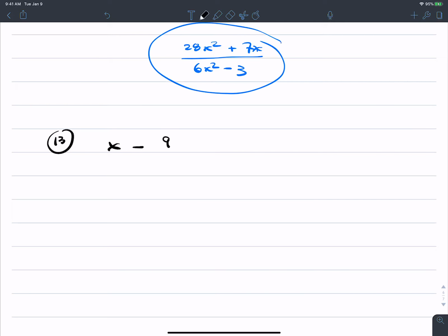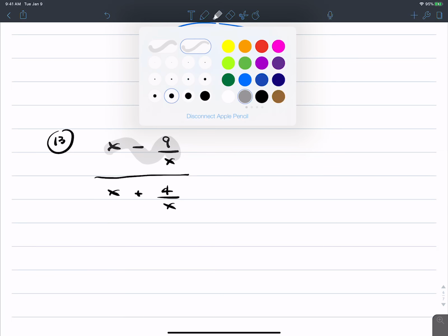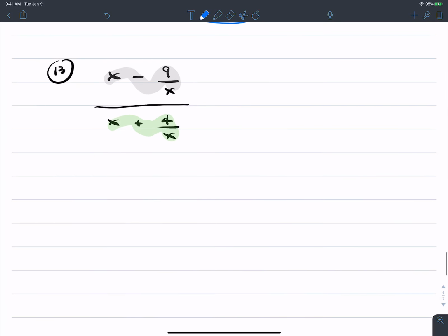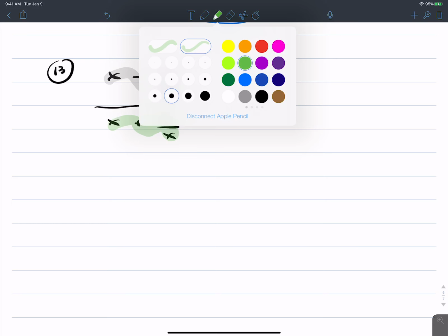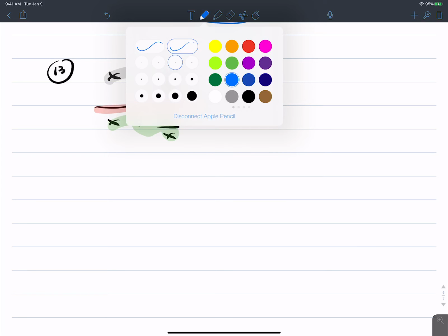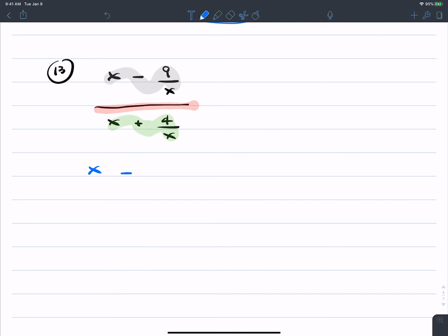X minus 9 over x over x plus 4 over x. So you have a difference in the numerator and a sum in the denominator. So there's some work to do. Don't forget, at the end, we are going to divide. Okay, x minus 9 over x, the first fraction, you're going to divide by 1.